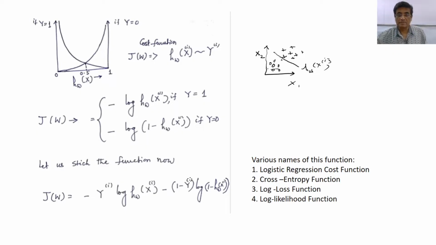W transpose x equal to 0 is the decision boundary. So once you have w transpose x for any sample, if it is greater than or equal to 0, then you predict that it belongs to class 1, or else it belongs to class 0. This is the way the decision boundary is acting.